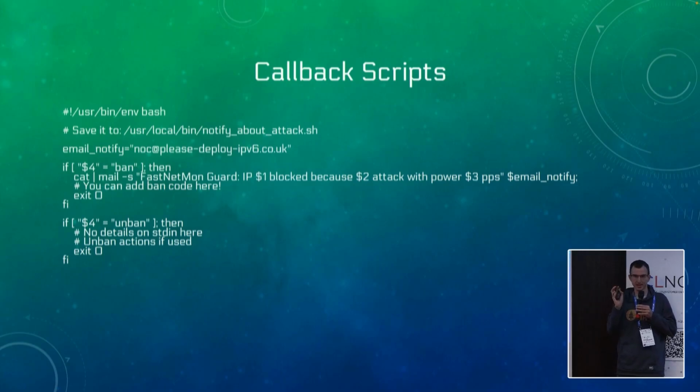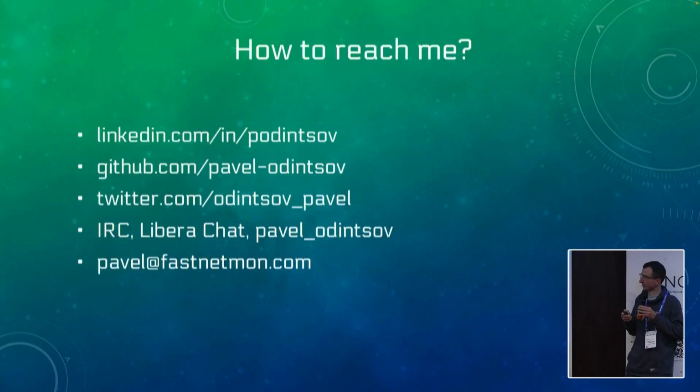For example, renumber port translation pools and exclude the IP which is under attack from rotation, just to eliminate impact, and lots of other options. It may be Bash, Python, Perl, or Go. It's up to you which language you use. You just pass information about the attack to the script, and then you decide what to do with it.